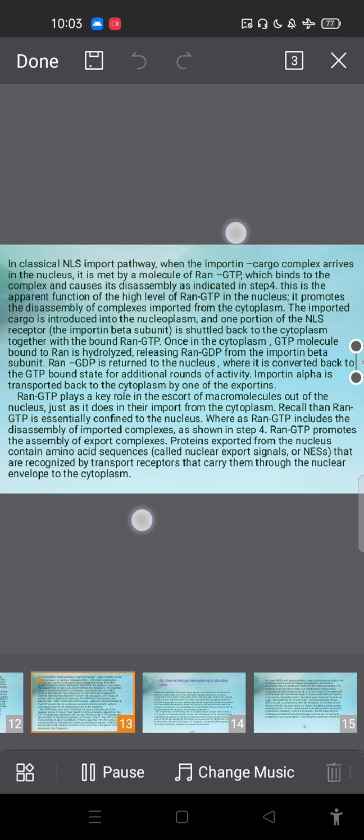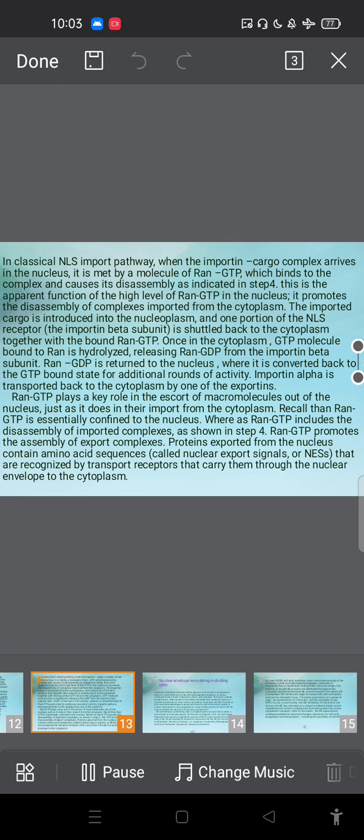In the classical NLS import pathway, when the importing cargo complex arrives in the nucleus, it is met by a new molecule of RAN-GTP which binds to the complex and causes its disassembly, as indicated in step 4. This is the apparent function of the high level of RAN-GTP in the nucleus. It promotes the disassembly of complexes imported from the cytoplasm.